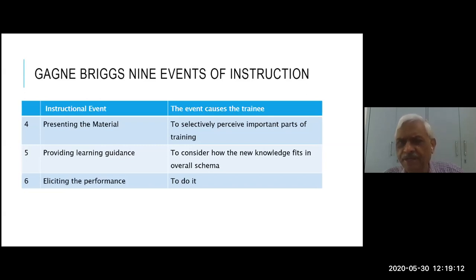In every session, there are these things which have to be done. From another point of view, you can also look at the total program, whether the total program happens to be strong on all the 9 steps or not, right? But right now I'm focusing on the individual session design.